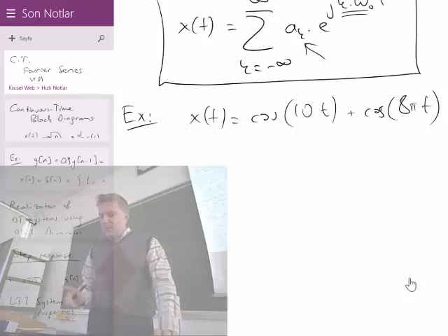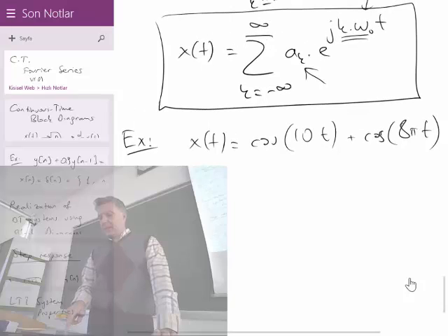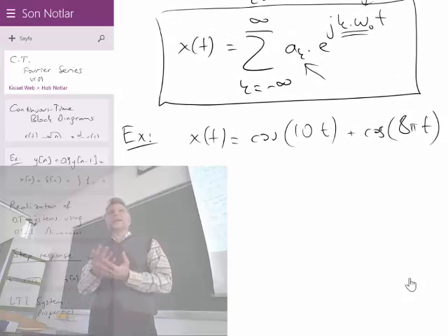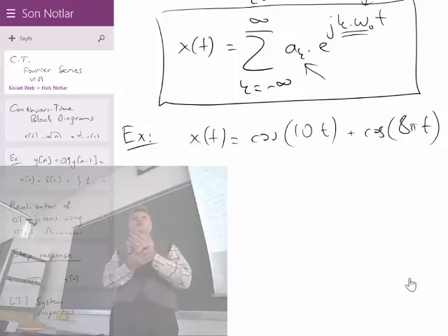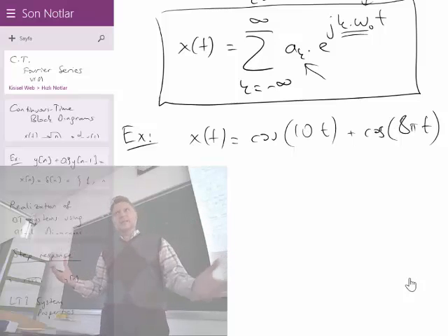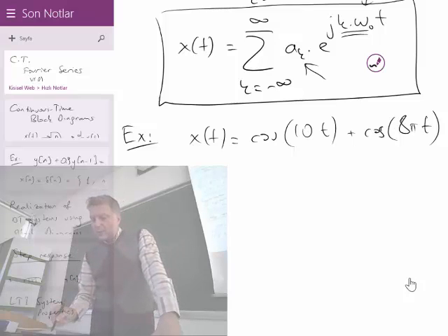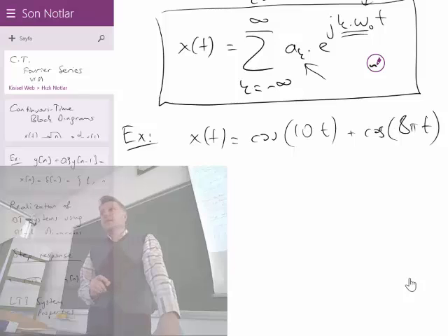Now, the rest of the topic goes on as follows. If x of t is not a sinusoid, or if it is not in a combination of cosines and sines and things like that, how shall we proceed? How can we find a formula to get a_k here? A general formula for that. We will see that.